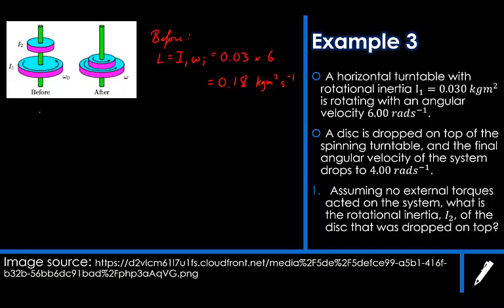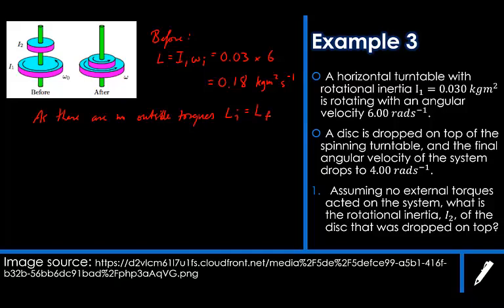And then we can say, as there are no outside torques, Li is equal to Lf. But afterwards, the rotational inertia has increased because we're now rotating 2 disks instead of 1. So therefore, because the angular momentum must remain the same, the angular velocity must decrease.